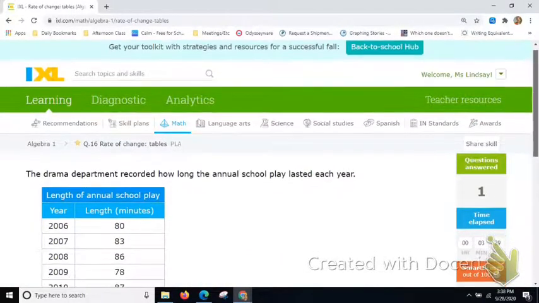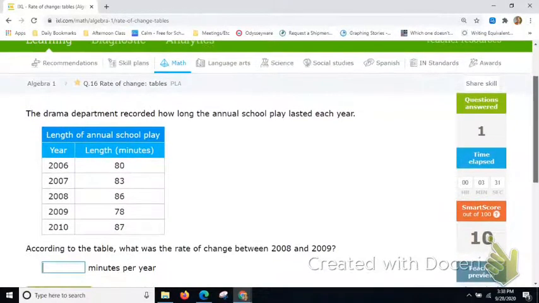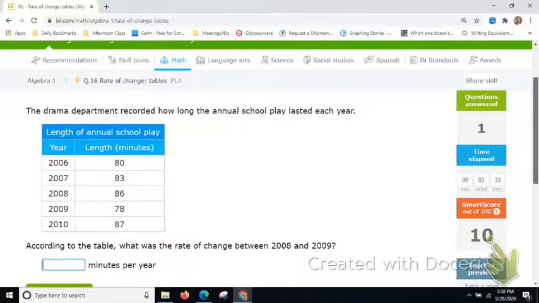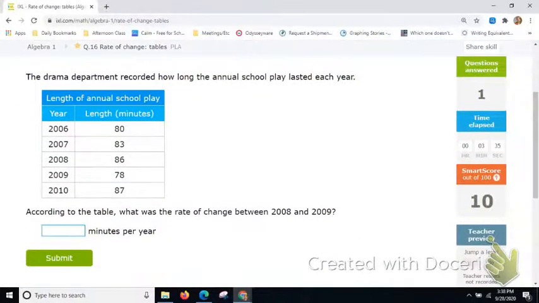So this is Q16, in case I misspoke and said 15 before. So again, we have to pay attention to which periods we're talking about. Because we've got lots of things here, but we have to make sure we're using the ones that they have mentioned. So 2008 and 2009. So we're talking about these two pieces of information.